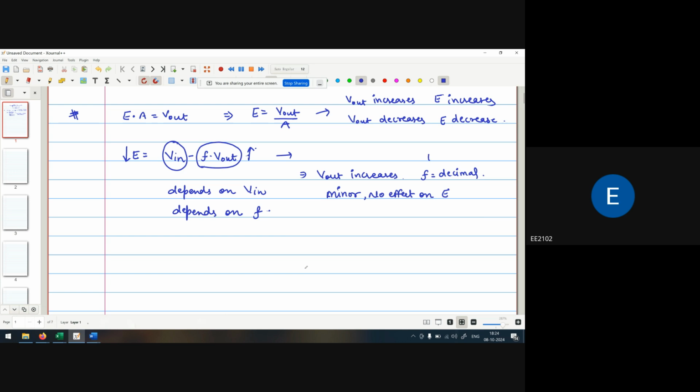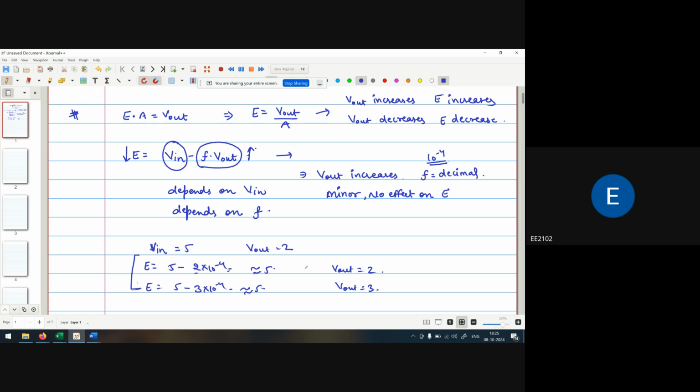Like the feedback factor is 10 raised to power minus 4. Okay. V in is 5. V out is 2. So the error signal is 5 minus 2 into 10 raised to power minus 4, which is approximately equal to 5. If I increase the V out, so when V out is equal to 3, E is equal to 5 minus 3 into 10 raised to power minus 4, which is also approximately equal to 5.